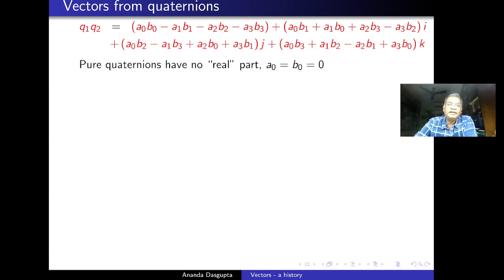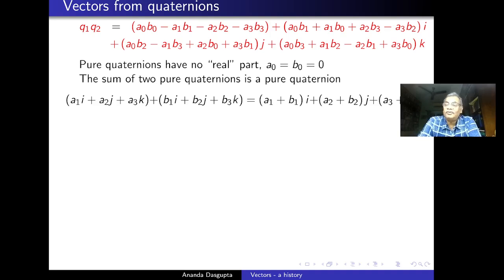That is, if Q1 and Q2 were pure quaternions, their real parts A0 and B0 would be 0. Now, if you look at this rule for multiplication of two general quaternions and use the fact that A0 and B0 are both 0, something rather strange happens, or something rather familiar should emerge.